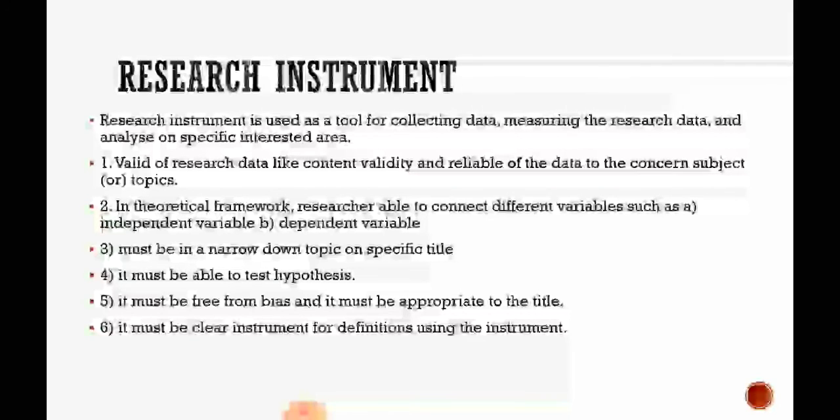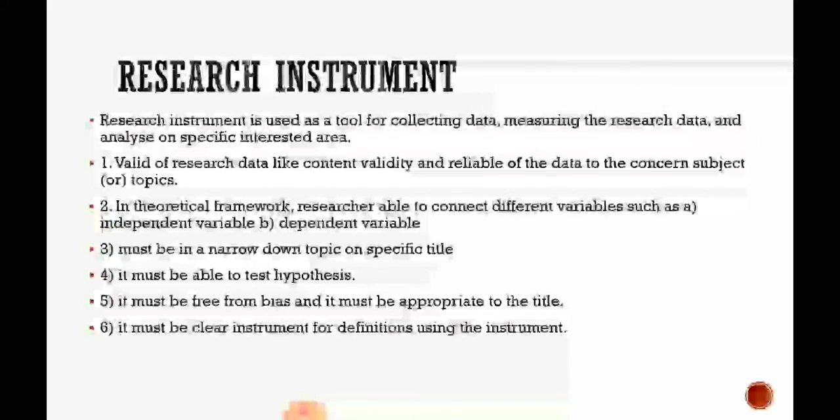The research instrument should be able to test the hypothesis, specifically in scientific research methods. And another feature is that it must be free from bias and appropriate to the title.